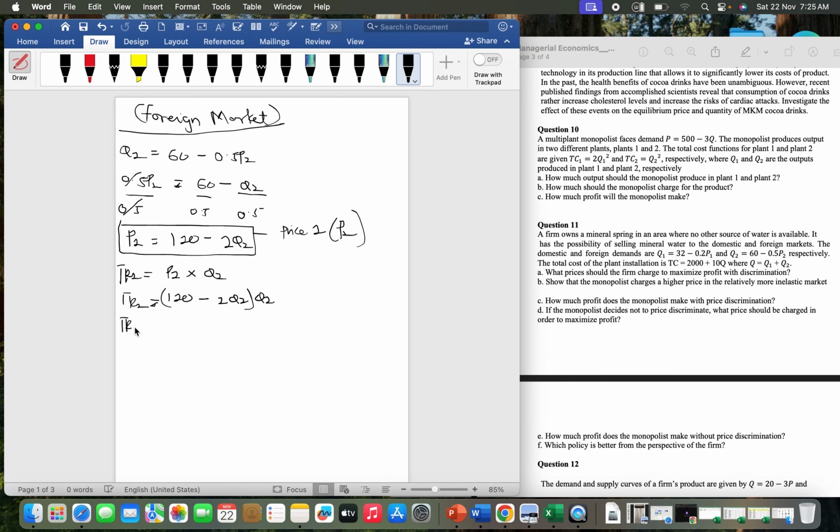So total revenue 2 is equal to 120Q2 minus 2Q2 squared. So this is my total revenue 2. Since I have total revenue 2, I can find my marginal revenue.